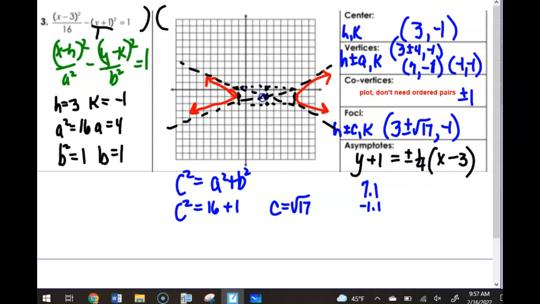Okay, that fits our rectangle. Then the only other thing we're supposed to put on here is these foci, but they're just barely inside there. I can't even make it look accurate, so I'm just going to put some dots really close to the vertices. Okay, think you could do this as long as I let you have that sheet? It's just following a recipe.